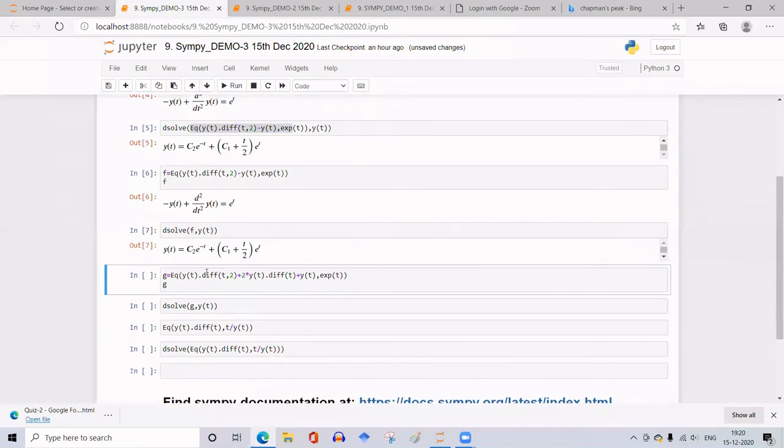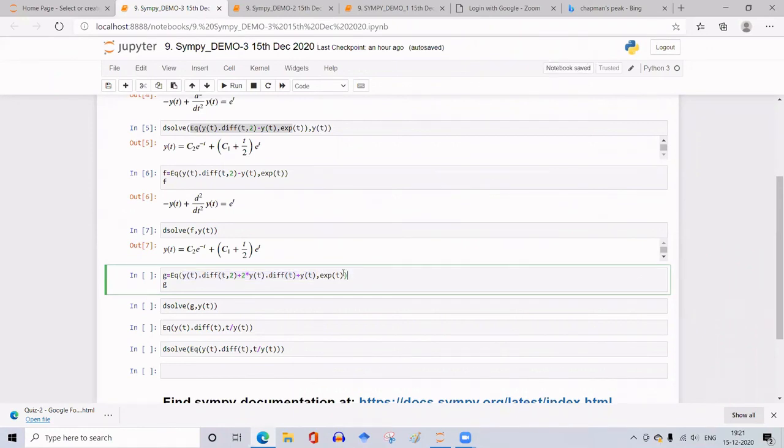So here is another example, which is d square by dt square of y of t plus 2y of t dot diff t. That means 2 into d by dt of y of t is the second term, and the third term is y of t, and then a comma is encountered. So the left hand side stops here, and the right hand side is e to the power of t.